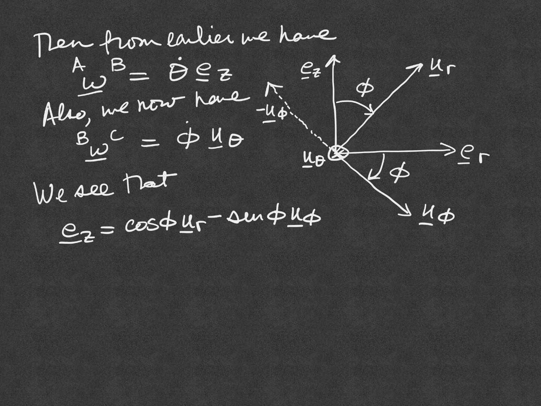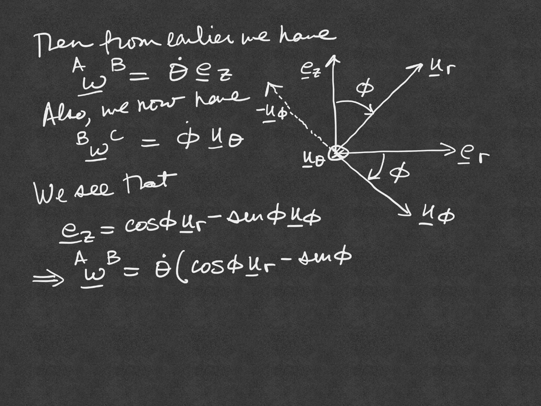So EZ is cosine of phi times UR minus sine of phi times U phi, which then gives that the angular velocity of B in A is equal to theta dot times cosine of phi UR minus the sine of phi times U phi.